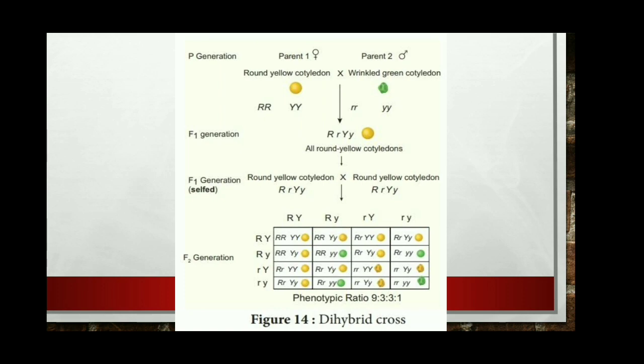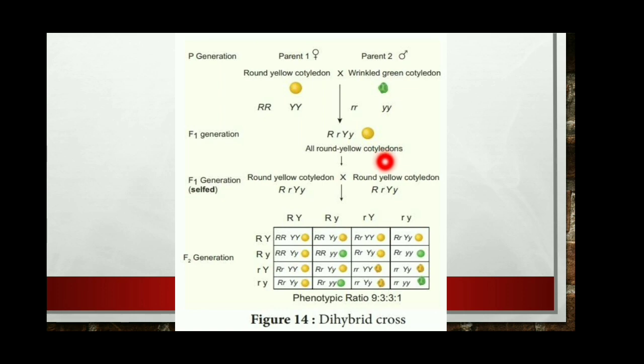Now he got the F1 generation. So the F1 generation is capital R small r, capital Y small y. Since capital R and capital Y are in this genotype, it is the dominant trait, round yellow seeded offspring.